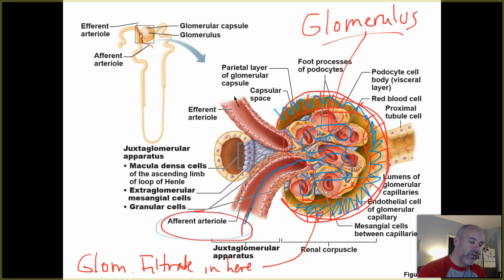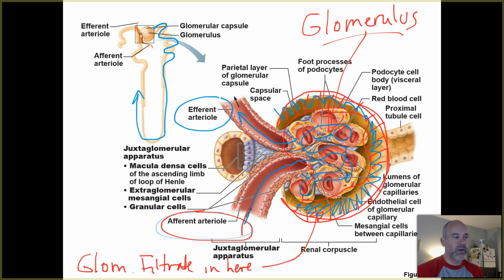And that fluid is going to start its journey through the nephron, traveling in that direction through the tube that you see there. The filtered blood comes out over here through the efferent arteriole. So we've seen that word before too. Efferent vessels, structures, carry fluids away from something else. So the afferent arteriole is bringing blood to the glomerulus. That's where filtration of the blood takes place. And the filtered blood exits through the efferent arteriole.